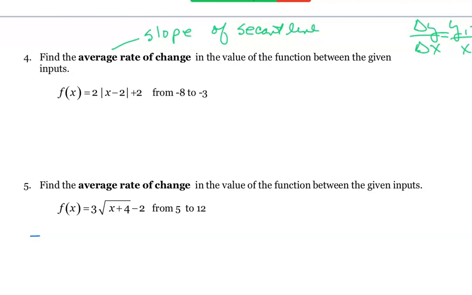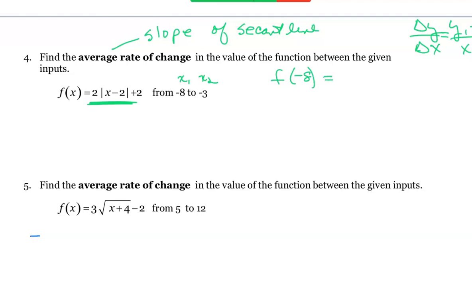Okay, you've got to be comfortable using absolute value functions. And you have your calculator you can use, but we probably should be able to do this by hand. So here are your x values. So there's your x1 and your x2. You need to figure out what the y's are. So I want to evaluate the function where x is -8.